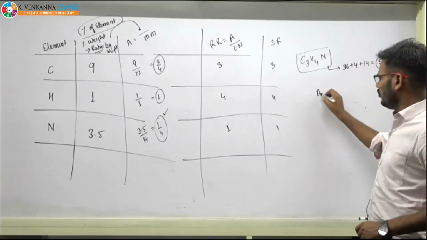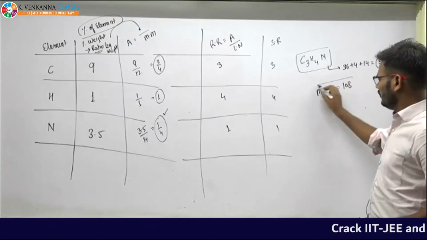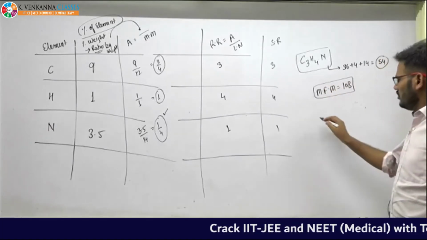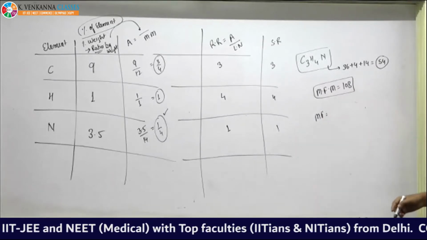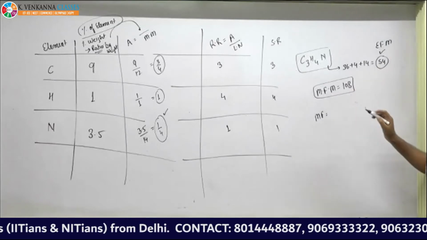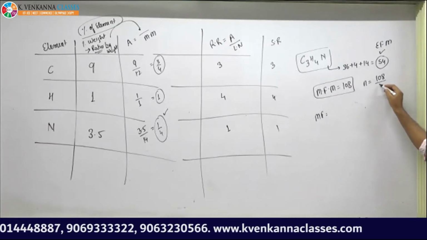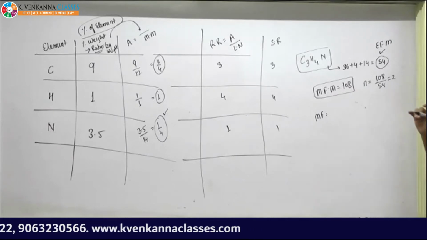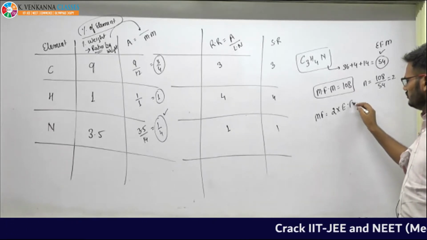If they had given the molecular formula mass, let's say they have given 108, then in that case you calculate n by using empirical formula mass and molecular formula mass. You will get n as 108 by 54, that is 2. So calculate 2 into empirical formula.